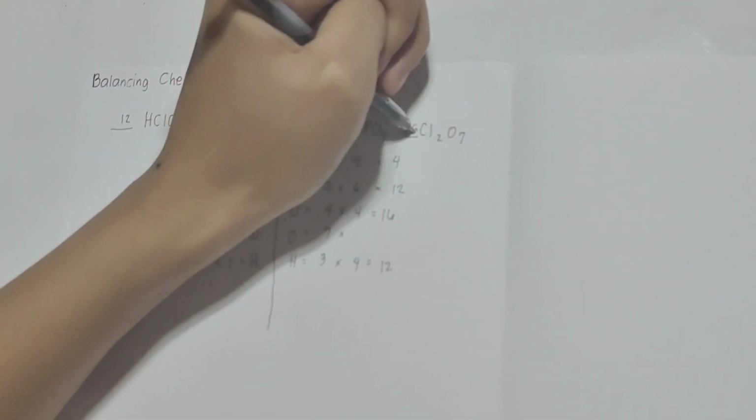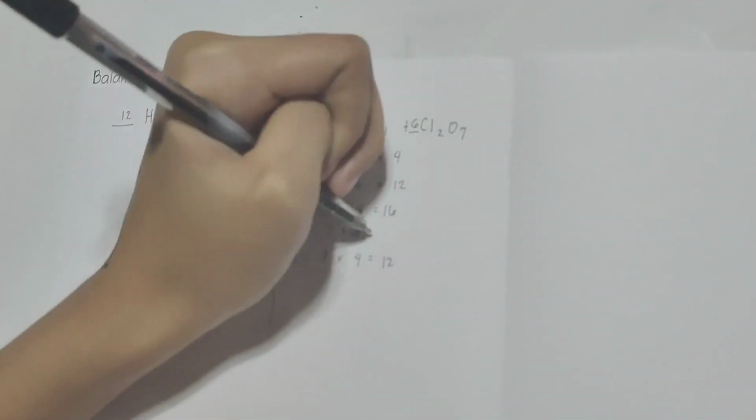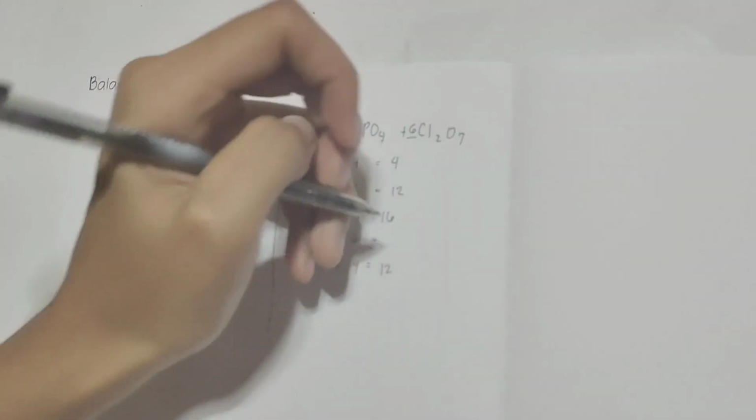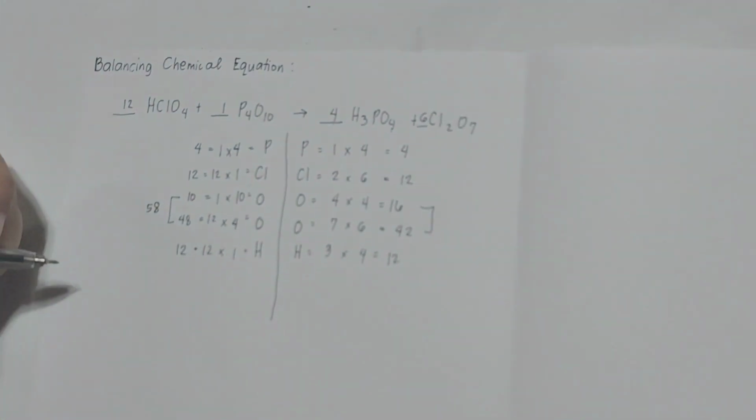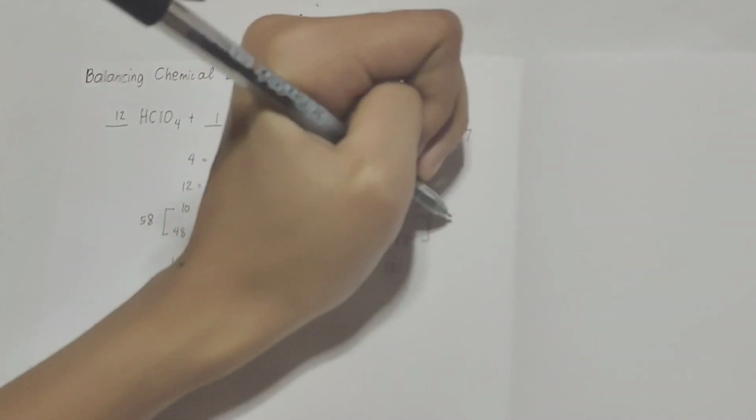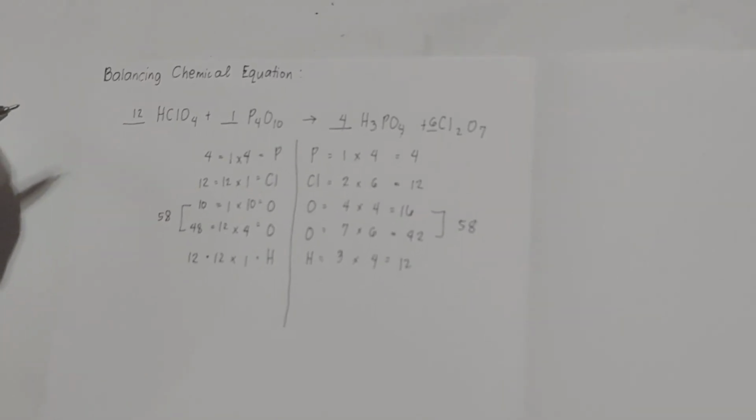Oxygen is equal to 7 times 6 is equal to 42. Then we simply add 42 plus 16. We arrive at a total of 58 oxygen atoms. And it's the same as the total number of oxygen atoms on the reactant side.